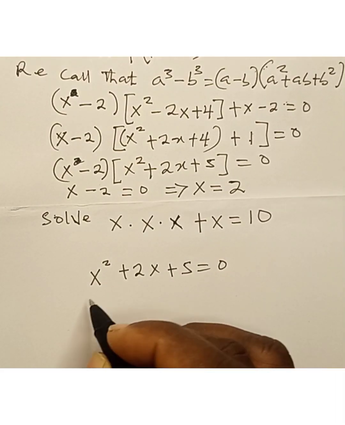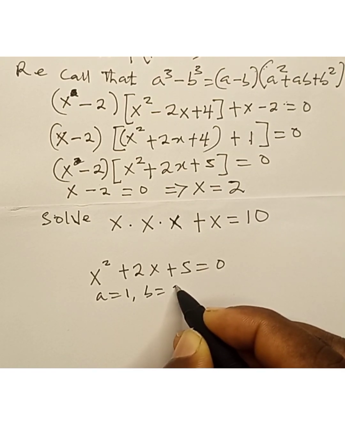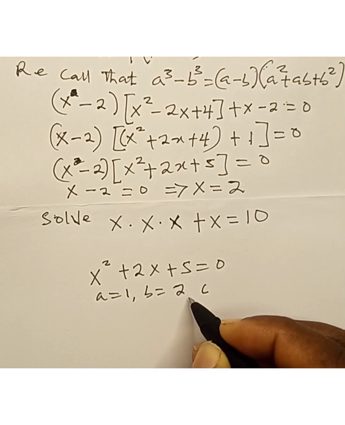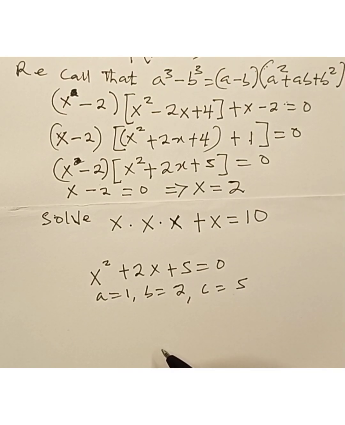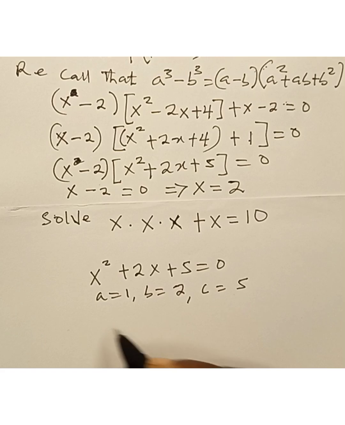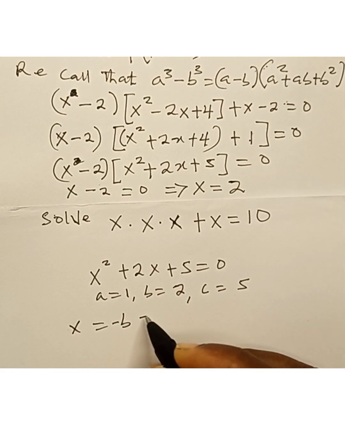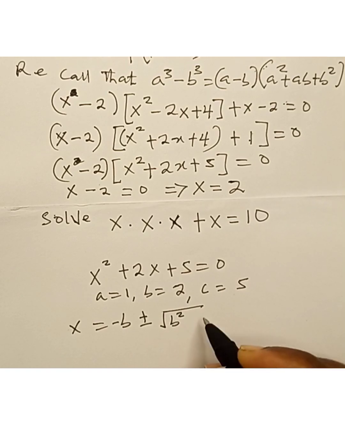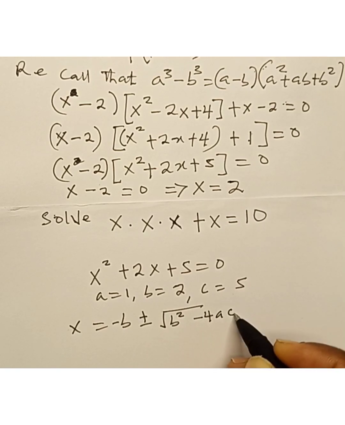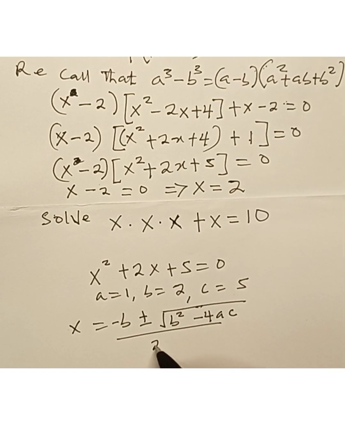Here, a equals to 1, b equals to 2, and c equals to 5. So if we write our almighty formula, which says X equals to minus b plus or minus square root of b square minus 4ac all over 2a.